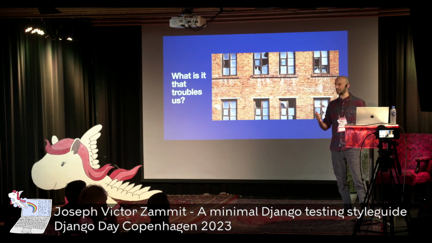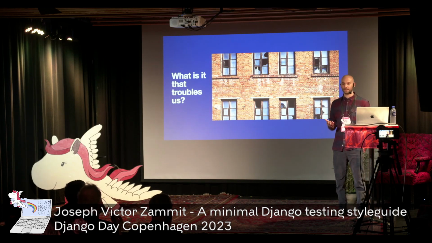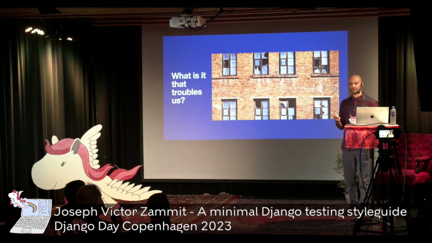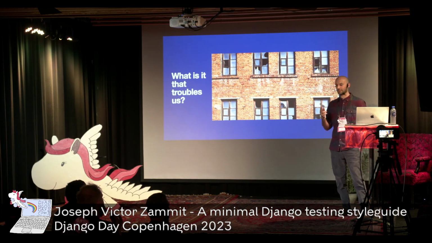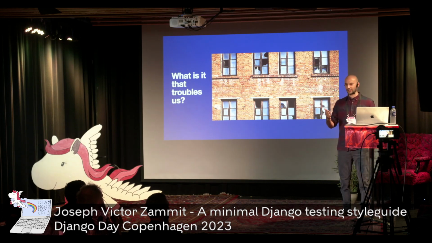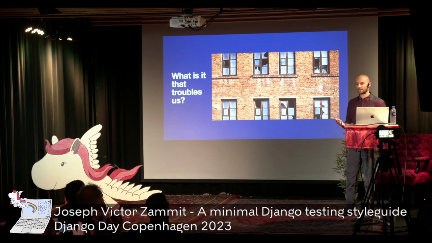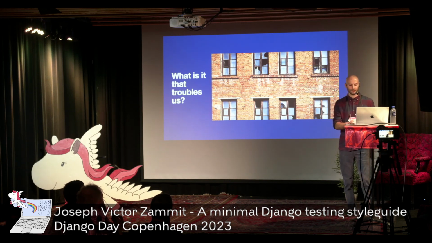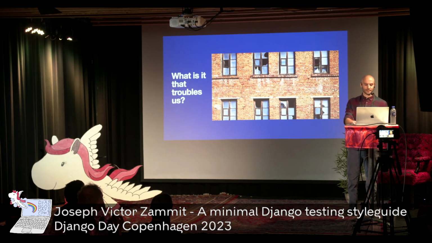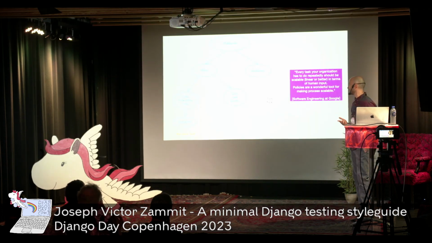It does not affect the structural integrity of the building, but it's the small things that lead to degradation. One thing which might appear small is our test code and test code bases. It might not be the production code itself, but our test code is one of those small things that, if neglected, lead to degradation. And my answer today to that is to have a style guide in place.